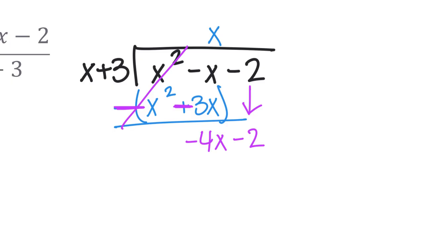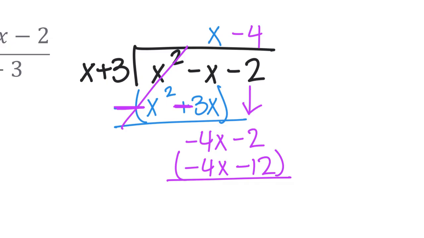Okay, same process. What times x gives me negative 4x? Negative 4. Okay, and then multiply. Negative 4 times x is going to give me negative 4x, and negative 4 times 3 is going to give me negative 12. Good. Don't forget, you are subtracting.